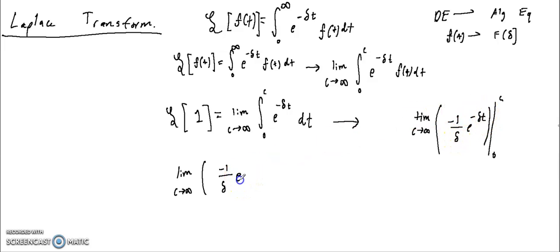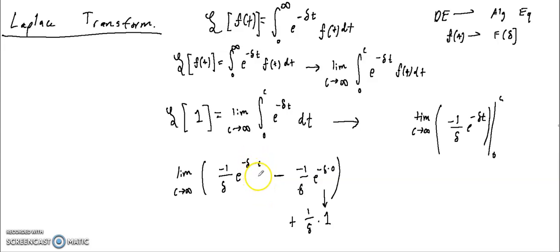But negative 1 over s, e to the negative s times c, and remember c approaches infinity, minus negative 1 over s, e to the negative s times 0. And, well, e to the s times 0 is e to the 0, which is just 1, and negative and negative is plus, so just 1 over s times 1 is just 1 over s.